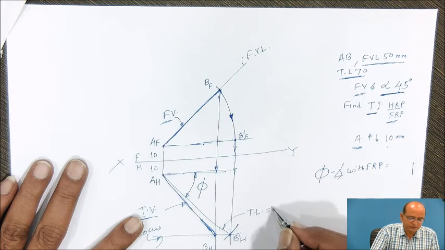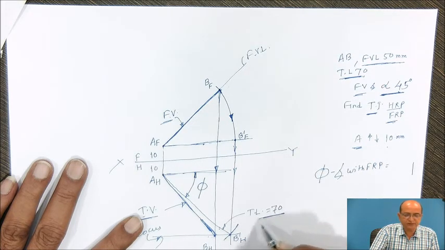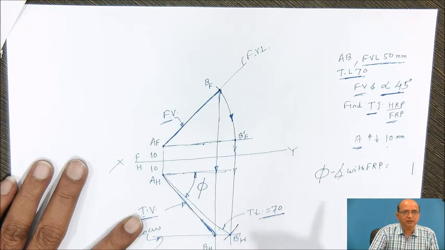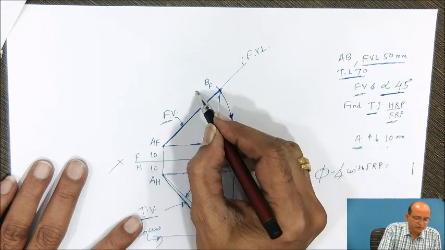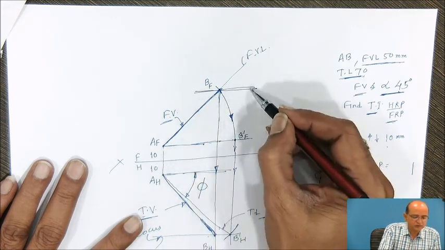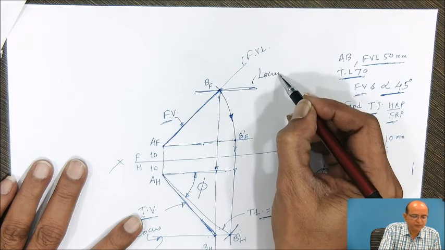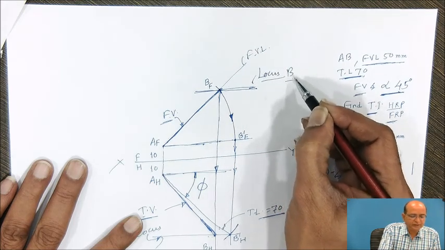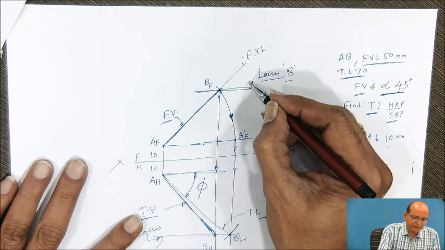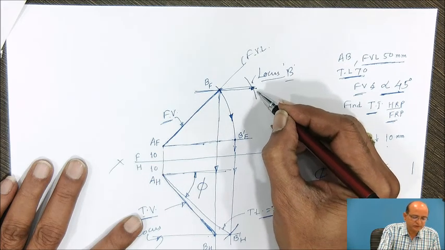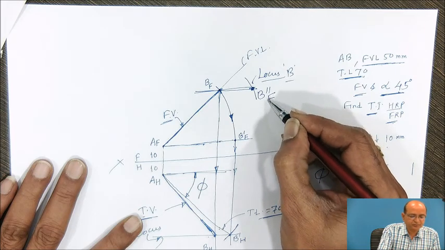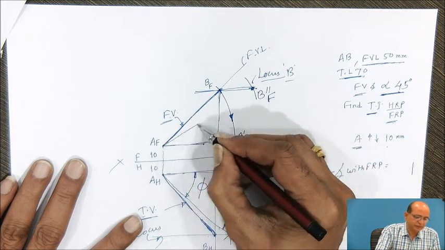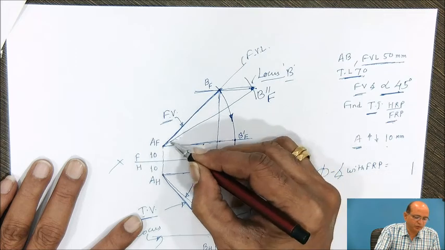So this true length which is given as 70 millimeter, we will take that distance in the compass, and on this locus, the locus which can be completed with the B end, directly we can have the marking of this. So this point will be B double dash F, and the line is completed over here.